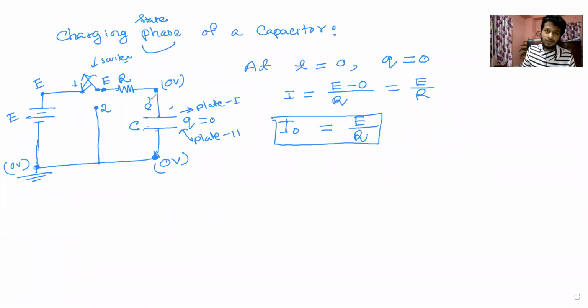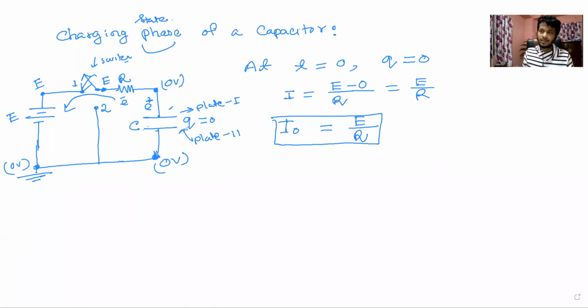Electrons will start flowing in this direction, isn't it? And the negative terminal of this power supply will repel these electrons towards plate 2, isn't it? The positive terminal of the battery will attract the electrons, and the negative terminal of the battery will repel those electrons towards the second plate, plate 2.